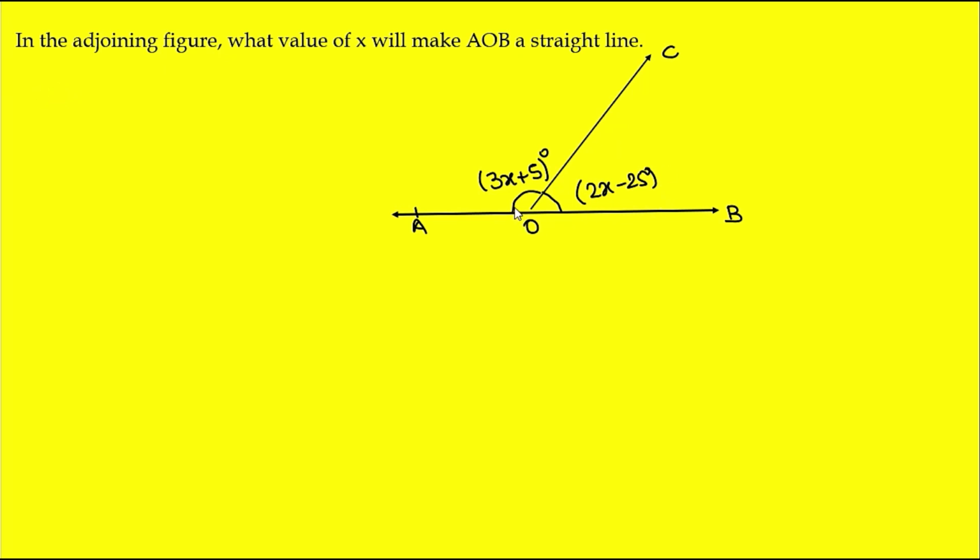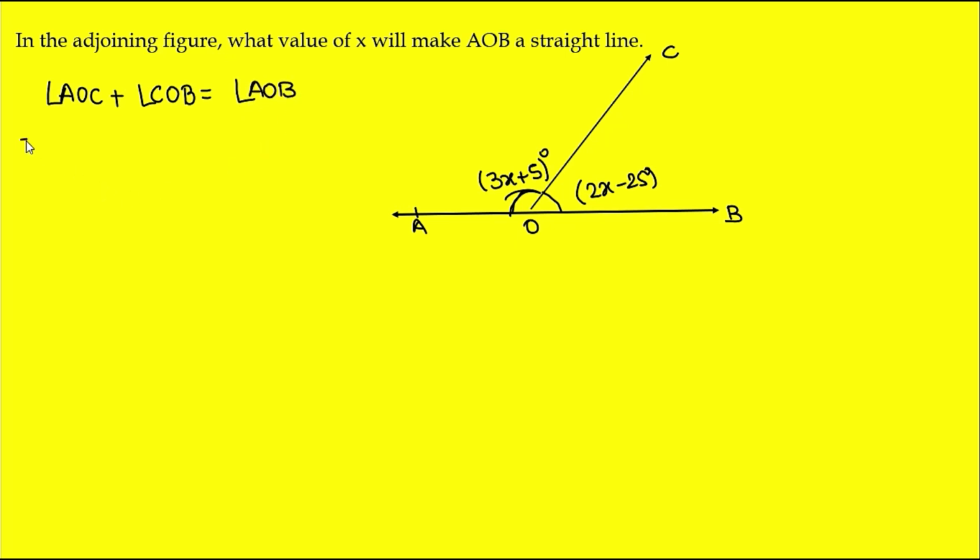See here, angle AOC and angle COB give us the complete straight angle, that is AOB. So we will write angle AOC plus angle COB gives us angle AOB.